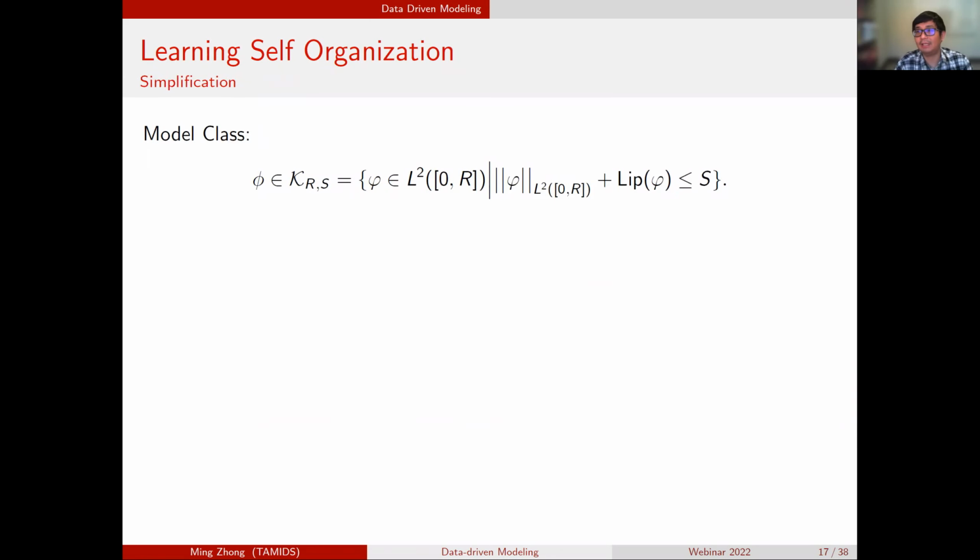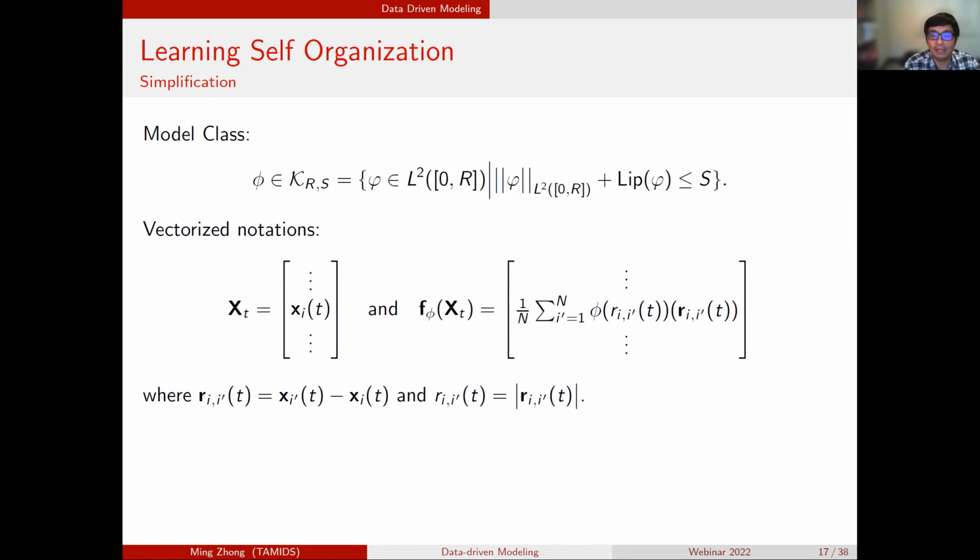Before I do that, let's put a certain assumption on this interaction law, assuming that I have a really nice function to deal with, basically with a bounded first derivative. I also want to use a vectorized notation and put everything into a huge vector.